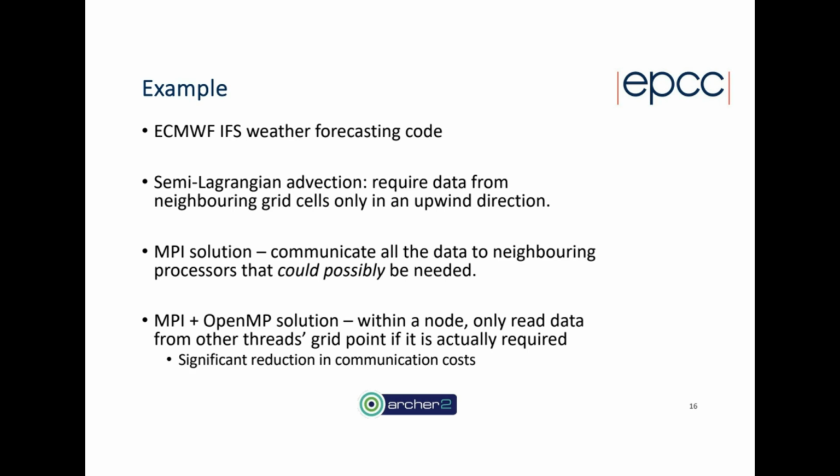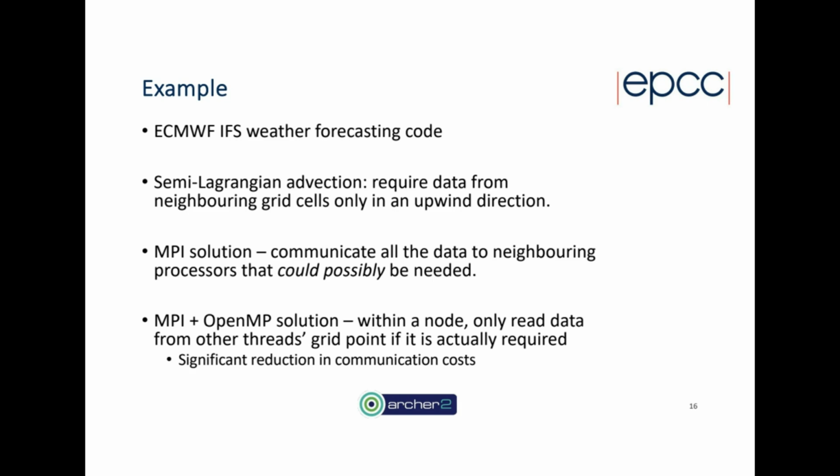Okay, so it means that only if the wind is blowing from one grid cell to another do you actually need to communicate any data. But that means that you don't know what data your neighboring processes are going to need, because you can't easily examine the wind field on your neighboring processes.